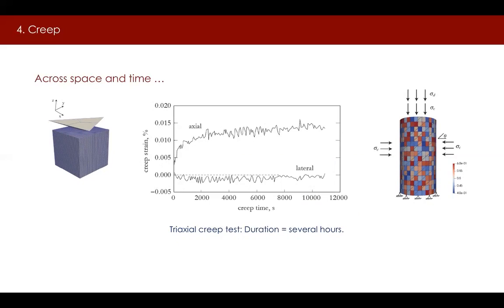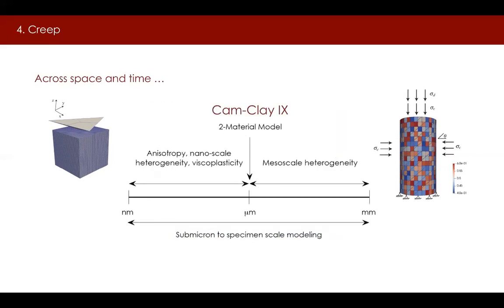The question is, how do we reconcile these measurements that span several orders of magnitude across space and time? Our approach is to bridge the nanoscale creep and the millimeter scale creep through a two-material constitutive framework called CAMCLAY-9.